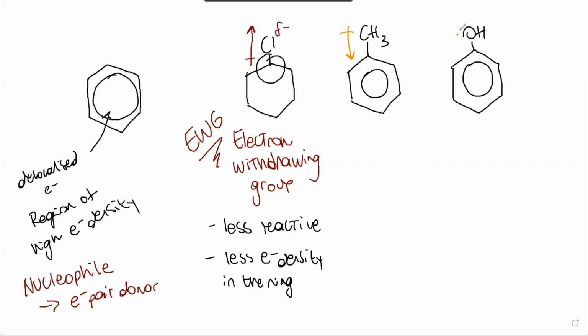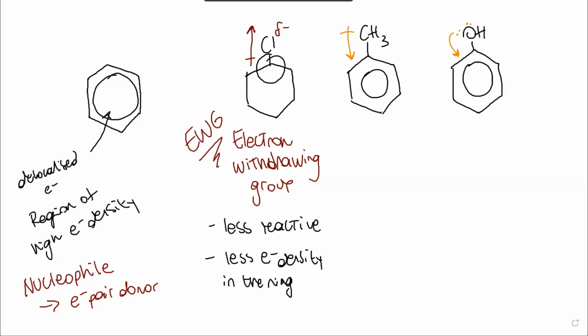With the phenol, it has lone pairs. Those lone pairs can actually delocalize in the ring, and this delocalization causes an increase in electron density. And if the electron density increases, so will the reactivity.